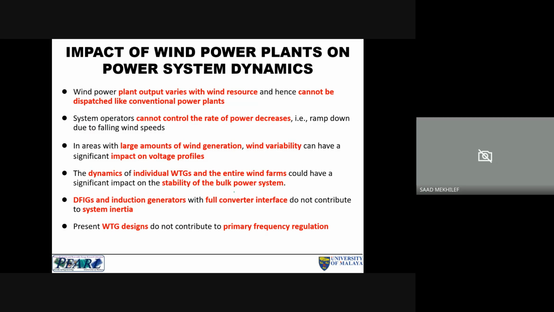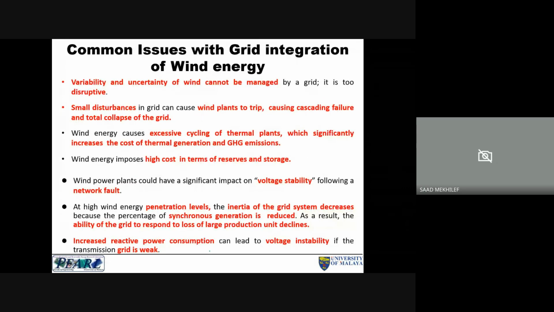It's impossible. With the present wind turbine designs, they don't contribute to frequency regulation. However, nowadays there are many regulations that need to be put in place to try to regulate this.